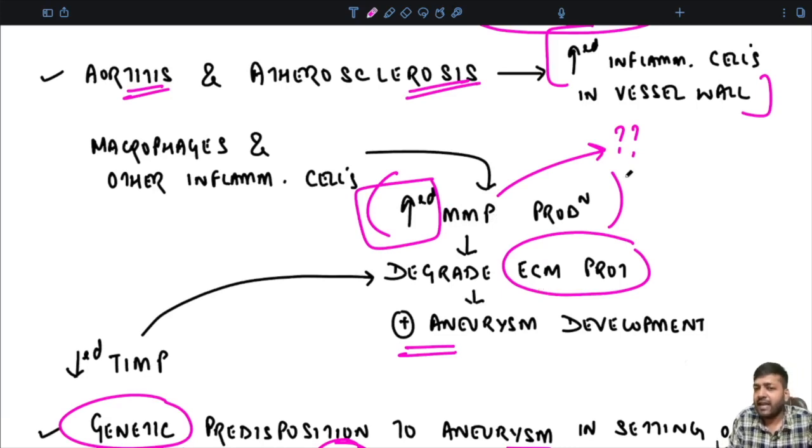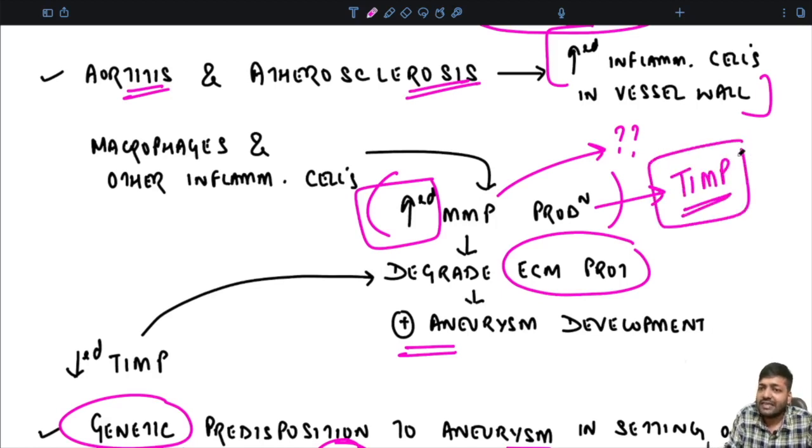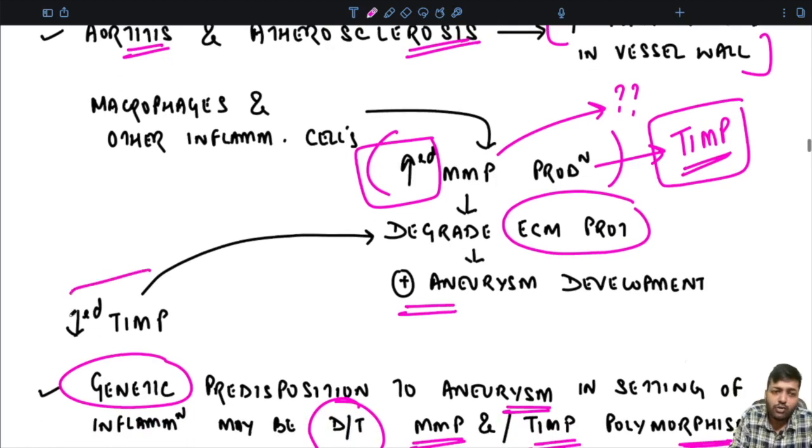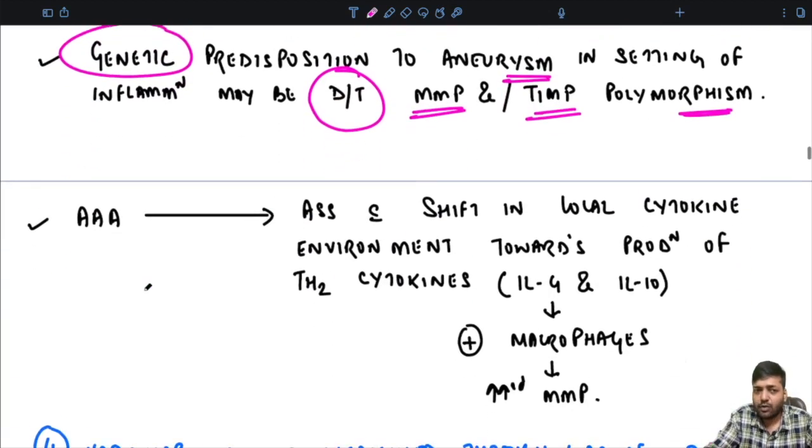Similarly, in our body there are certain inhibitors of MMP, called tissue inhibitors of matrix metalloproteases, or TIMP. If there is reduced activity of TIMP, that might also facilitate aneurysmal development, okay? Genetic predisposition to aneurysm can be there in case of MMP or TIMP related polymorphisms, okay?